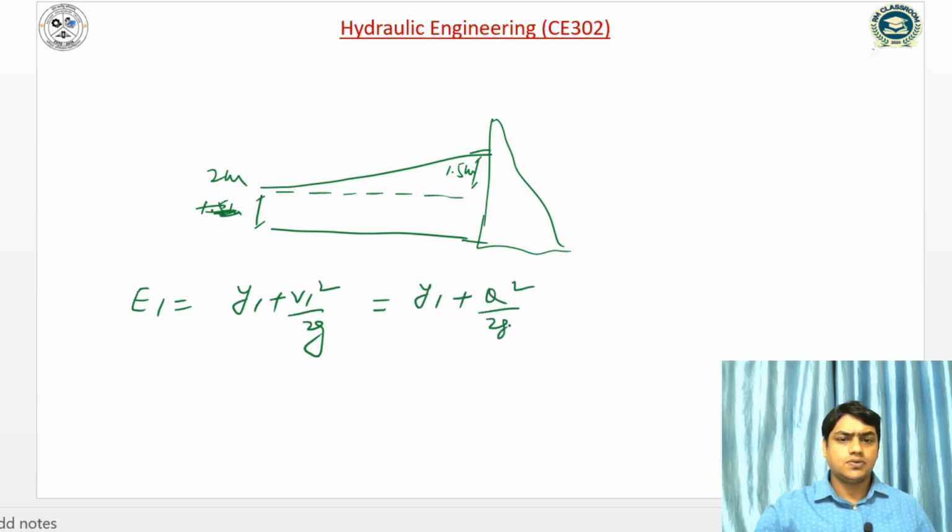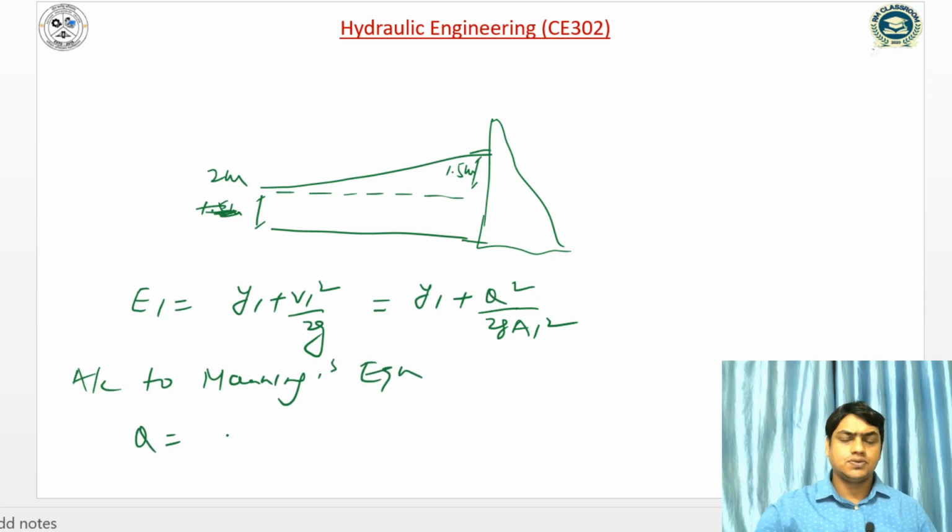So E1 can be written as y1 plus Q square by 2g A1 square. According to Manning's equation, Q is equal to 1 by n A R to the power 2 by 3 S naught to the power half.